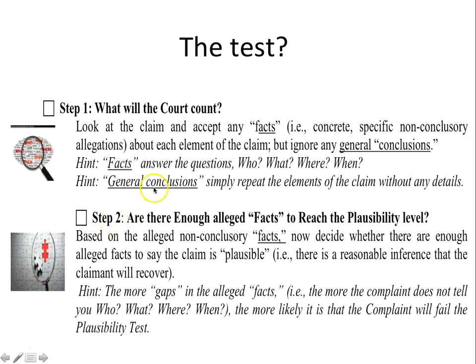The first step is to ask whether words set out in the complaint are facts: who, what, where, when. In other words, they're concrete, specific allegations versus general conclusions. General conclusions simply repeat the elements. They're a bare repetition of the words in the element without any concrete information.